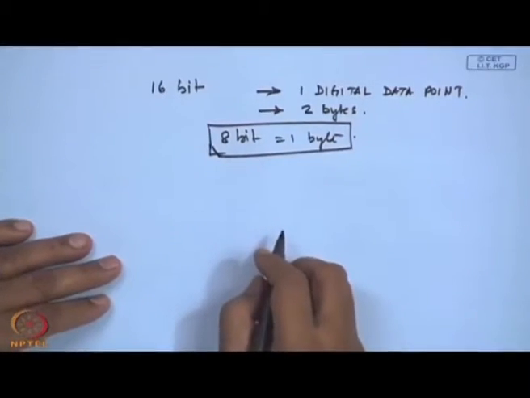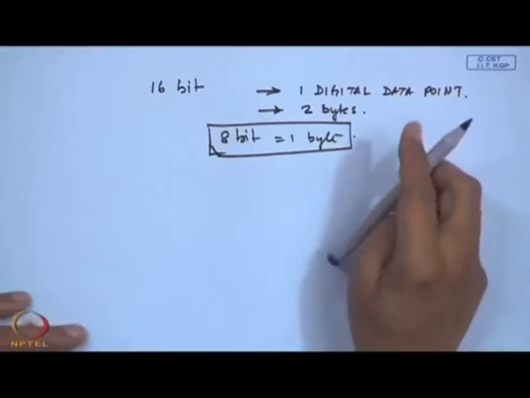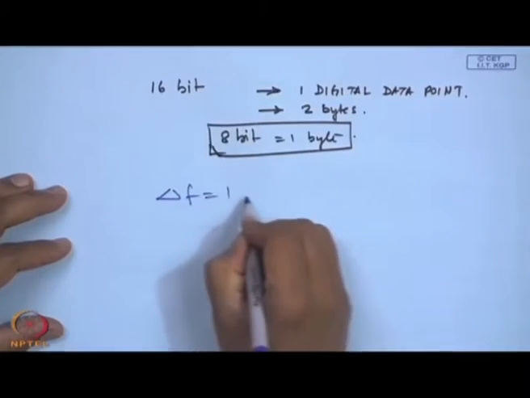Now, the question is, this pure tone signal which has been sampled will be processed digitally into the frequency domain, so that the frequency domain resolution delta f is equal to 1 hertz.